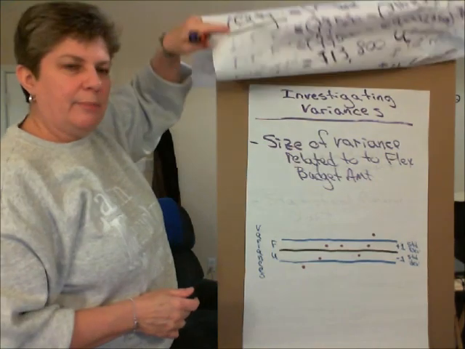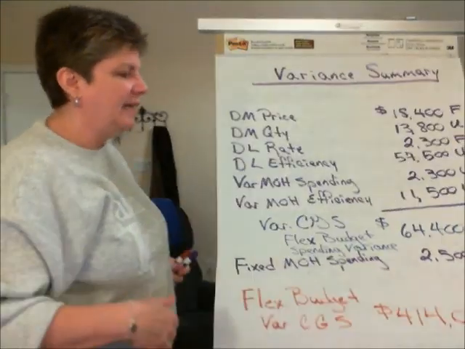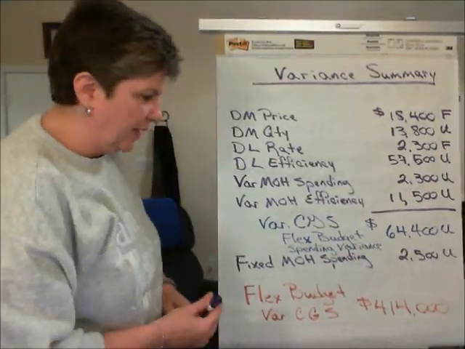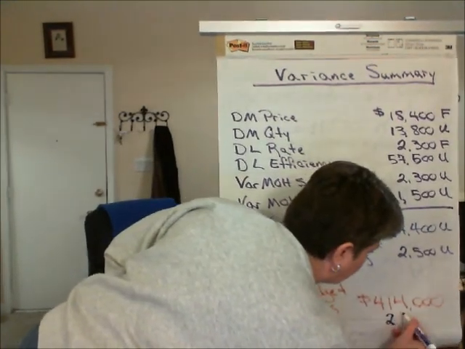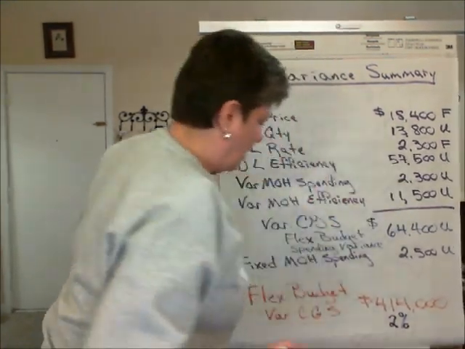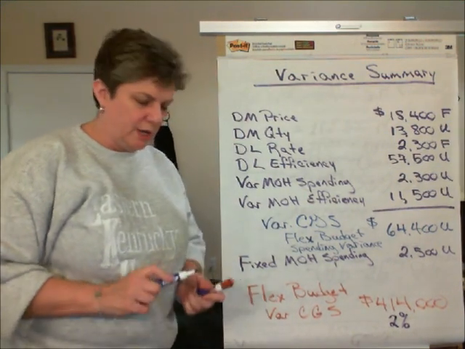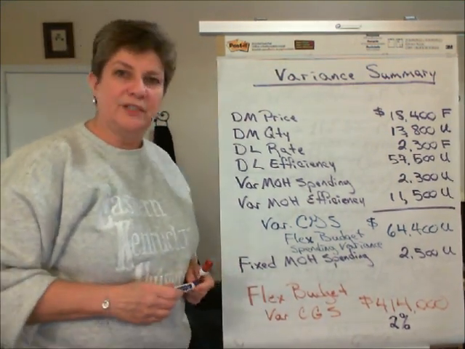So, for example, what if we decided that any variance that is more than 2% of the flex budget variable cost of goods sold should be investigated?